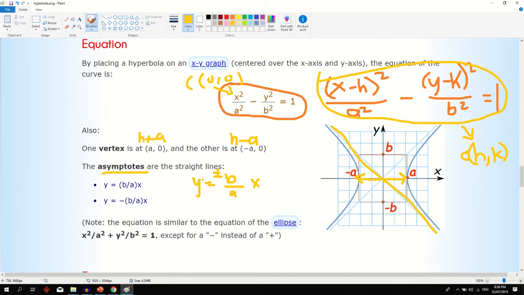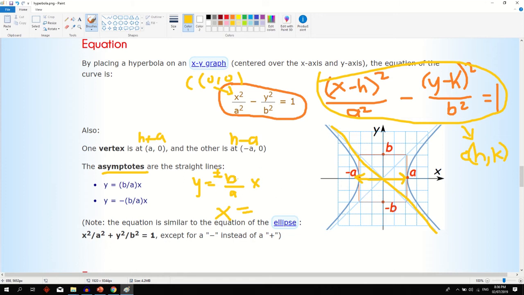How about if y is the major axis? What happens? Are they going to change?